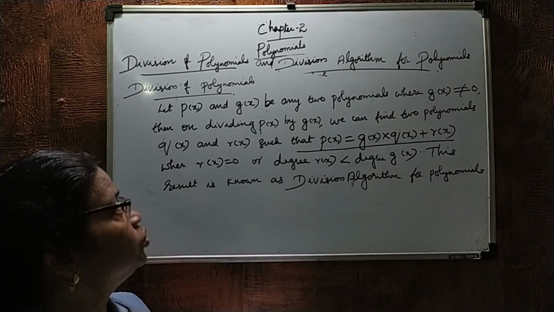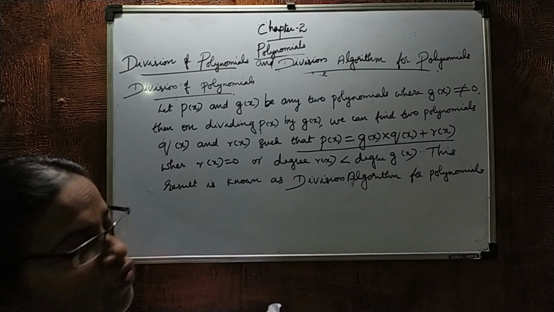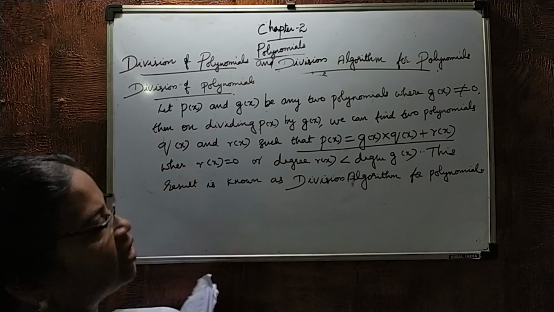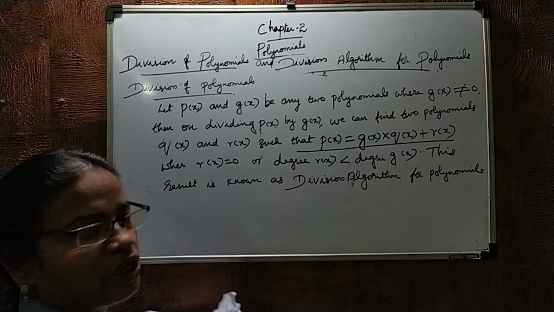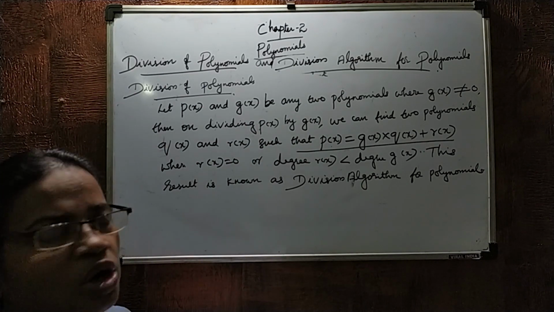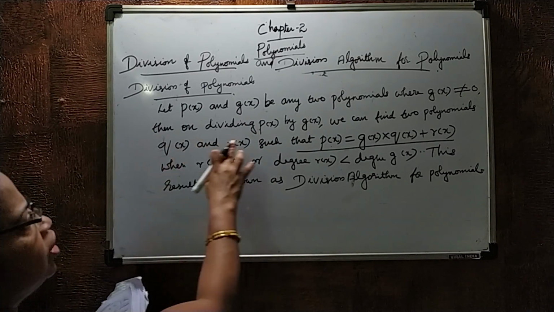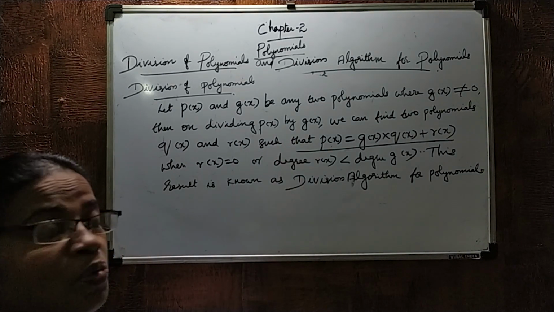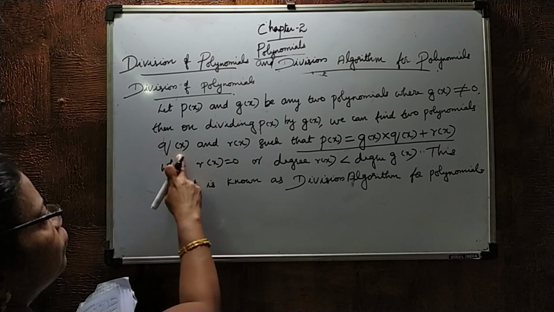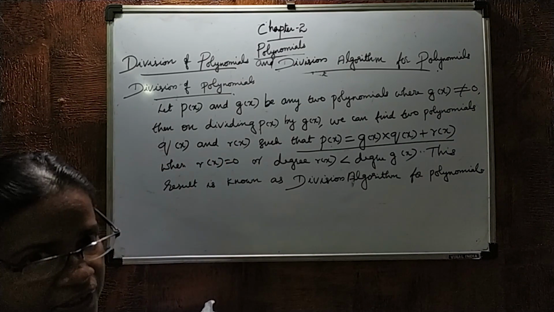So I'll explain to you. Let p of x and g of x, that means dividend and divisor, be any two polynomials where g of x should not be equal to 0. That means divisor should not be equal to 0. And then on dividing p of x by g of x, we can find two polynomials q of x and r of x.